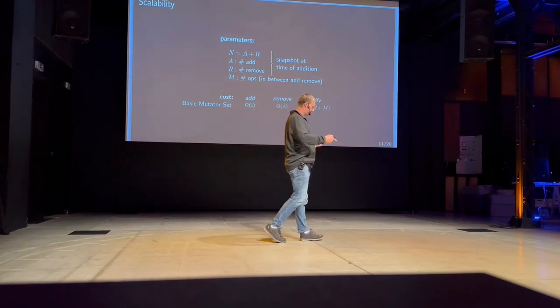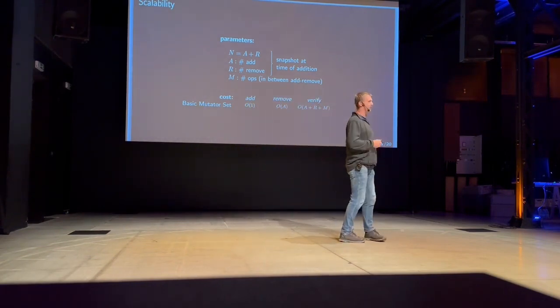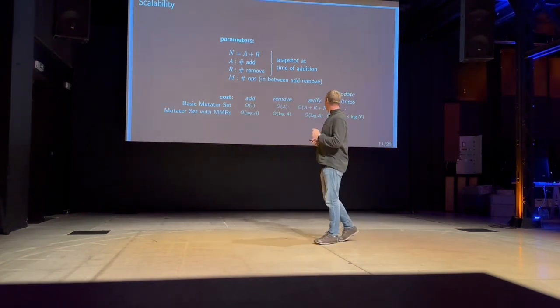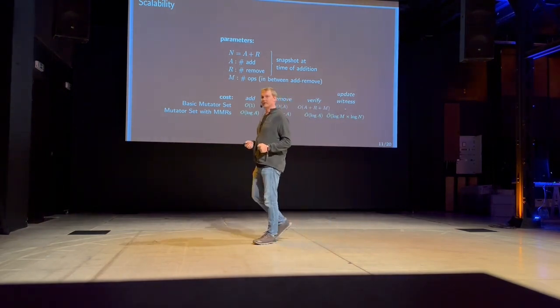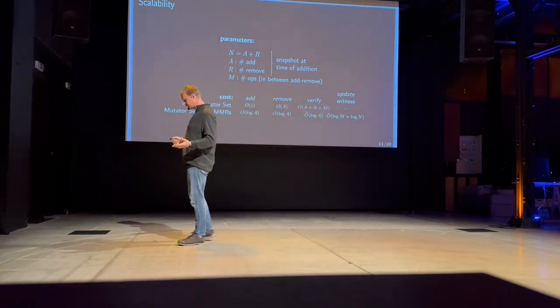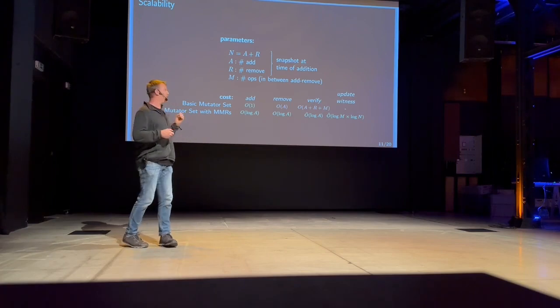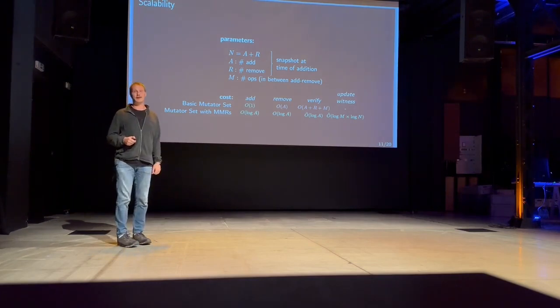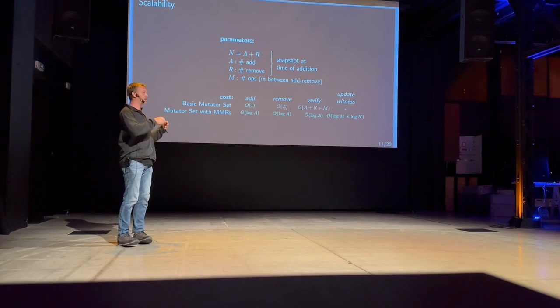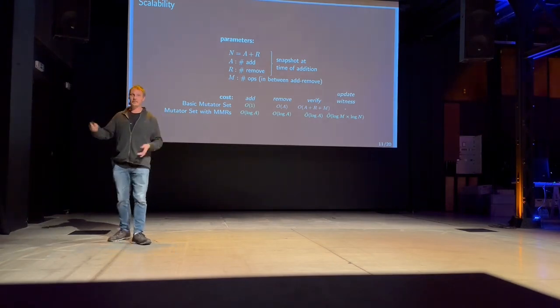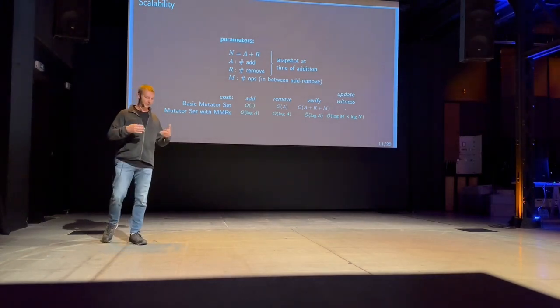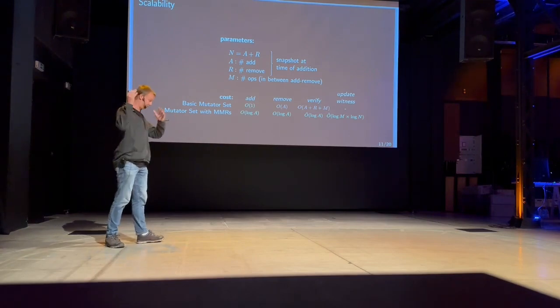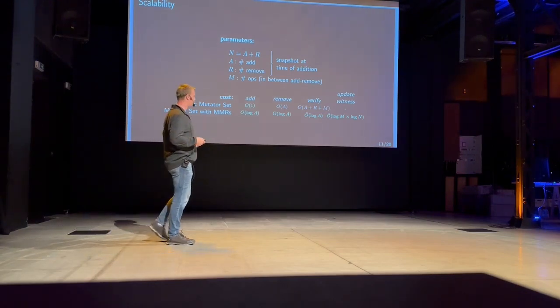But there's a tweak. There's a second iteration of this construction that basically solves this. And we can reduce everything to having a logarithmic complexity at the expense of having to keep track of witnesses. This would correspond to your Merkle authentication path or your membership proof in some kind of abstract accumulator.